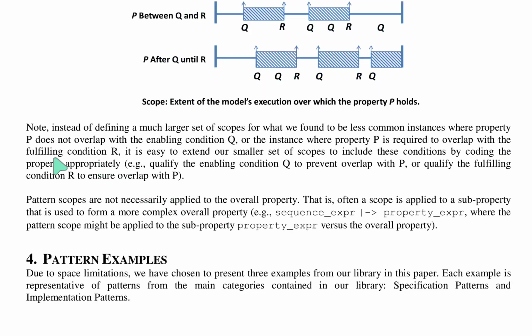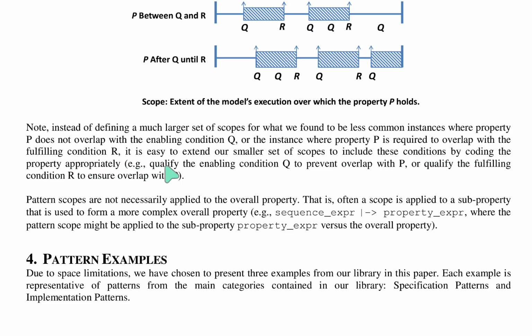To note, instead of defining a much larger set of scopes for what we found to be less common instances, where the property P does not overlap with the enabling condition Q, or instances where the property P is required to overlap with the fulfilling condition R, it's easy to extend our smaller set of scopes to include these conditions by coding the property appropriately.